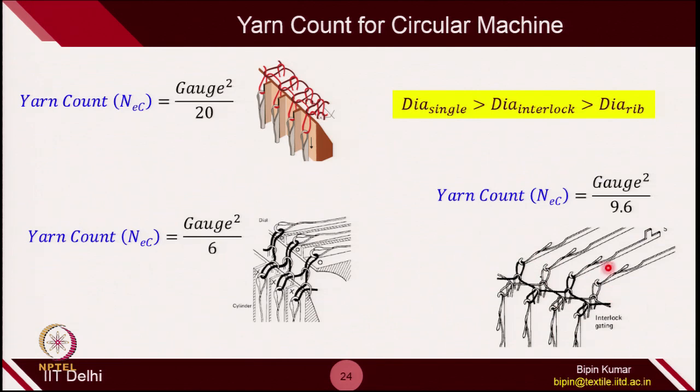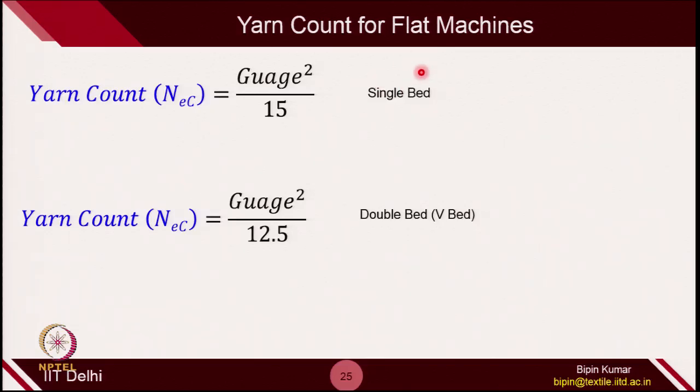In the first feed, for example, if you are using long butt needles, then in the next feed you are only using short butt needles. So, sufficient space is there, and that is why you can have higher diameter for an interlock machine. If you go for flat machines, in a single bed flat knitting machine, the relation is different: gauge square by 15.